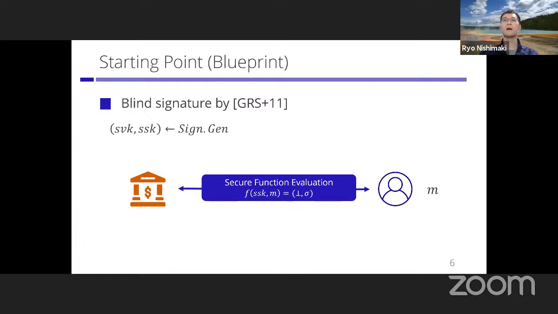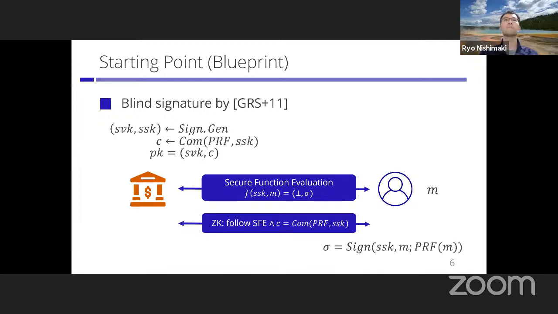So the user can obtain the signature for M without revealing message M. However, the signer might deviate from the protocol, so we need to use a zero knowledge protocol to force the signer to follow the protocol.